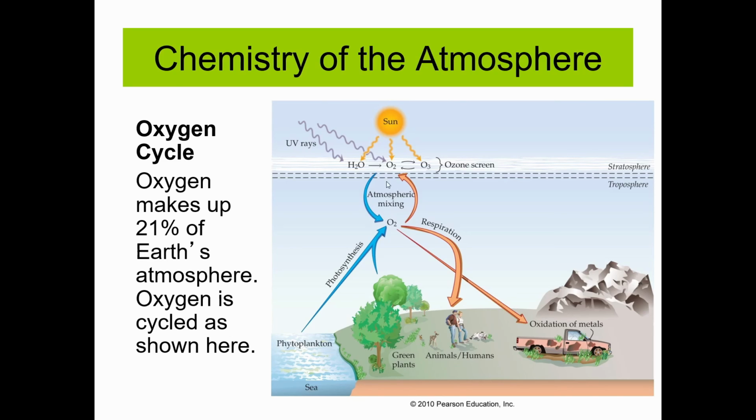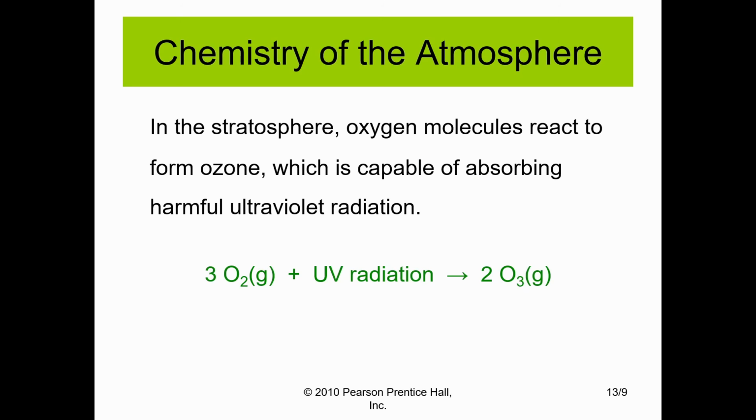In the stratosphere, the oxygen can react with the energy and UV rays from the sun to form ozone. This ozone forms a screen above the atmosphere, which we'll discuss in more detail later. In the stratosphere, oxygen can absorb UV radiation to form ozone, and ozone itself is capable of absorbing more UV radiation and reflecting some of the heat off of Earth.